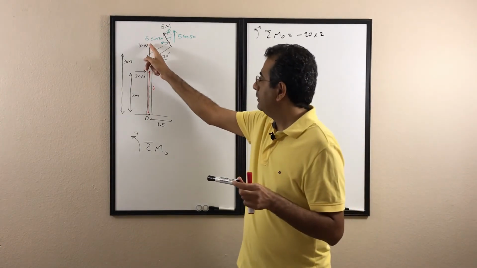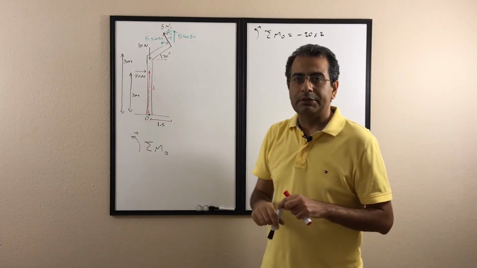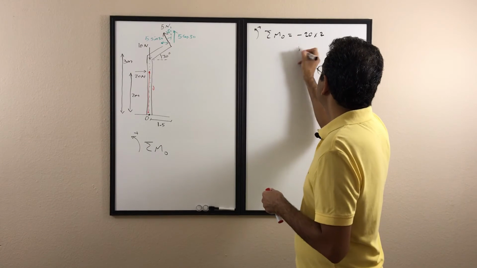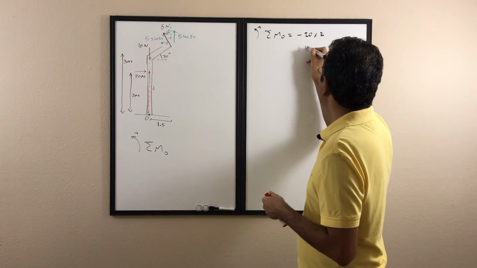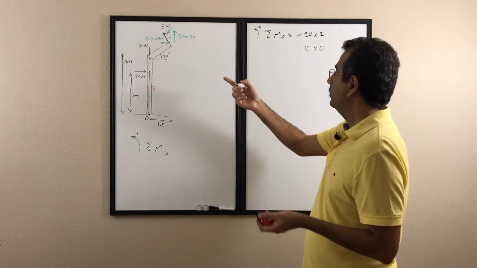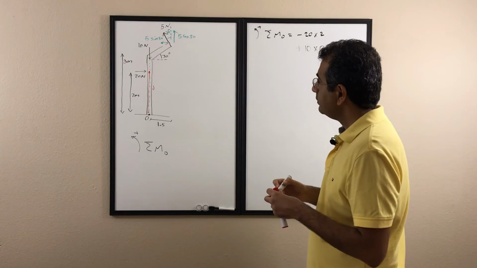The same here: because the 10 Newton goes through the point O, it is not going to create any moment. I just write it here, but it's not going to do anything. So it's 10 times 0: the magnitude of force, and the distance is 0. So it's not going to do anything.